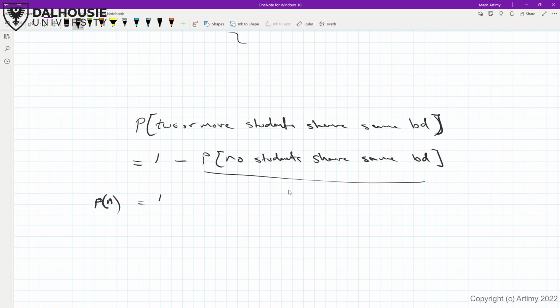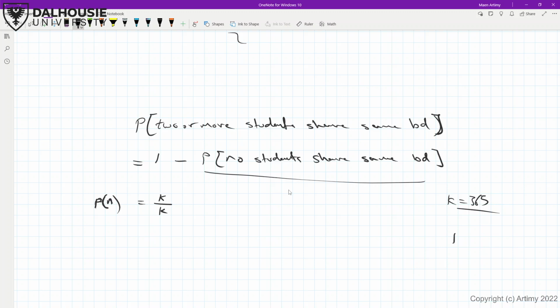So that's 1, meaning k over k, where k is the number of days in the year. We could simply say just 1, but you understand why I'm doing it this way.